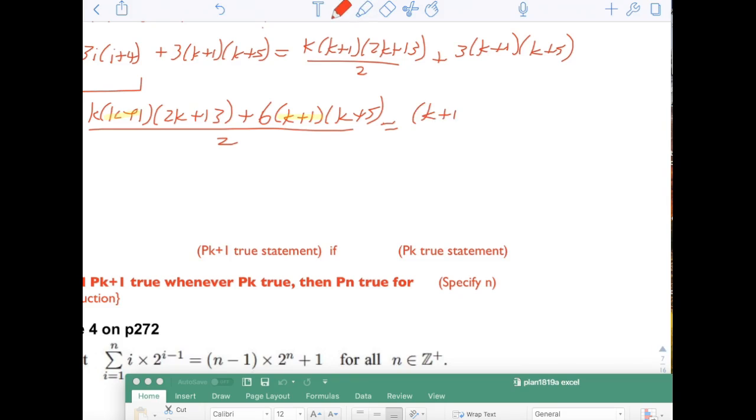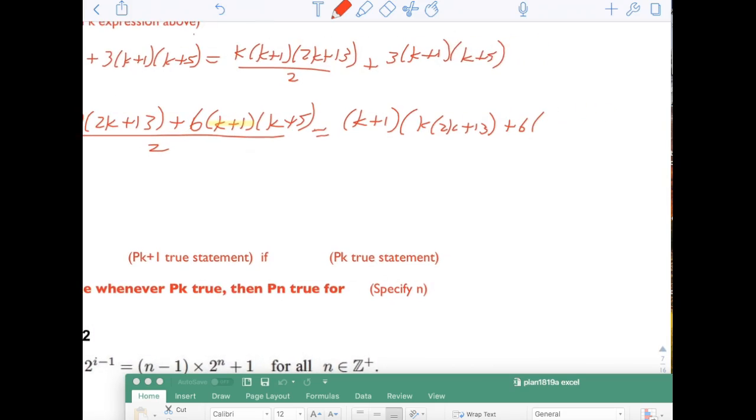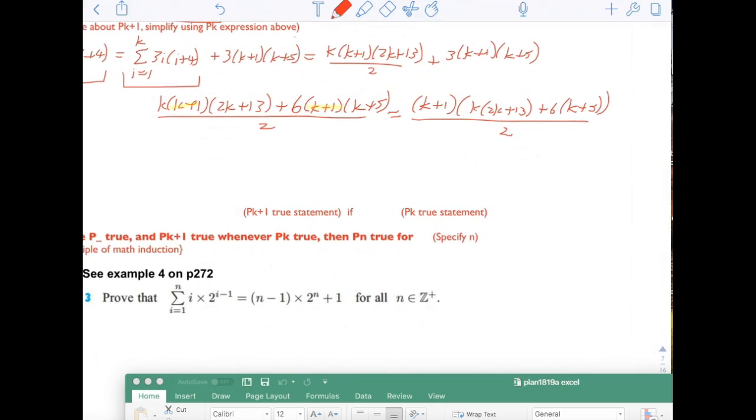That might make things easier. k plus 1 times k times 2k plus 13 plus 6 times k plus 5, divided by 2. Let's try to simplify the part that's inside. So k plus 1 times 2k squared plus 13k plus 6k plus 30, divided by 2.